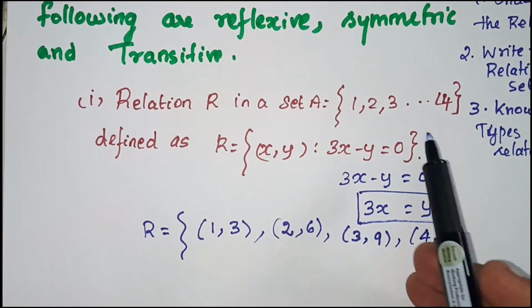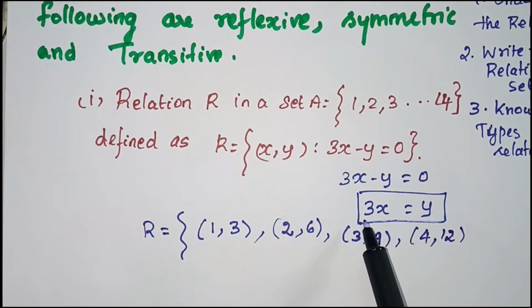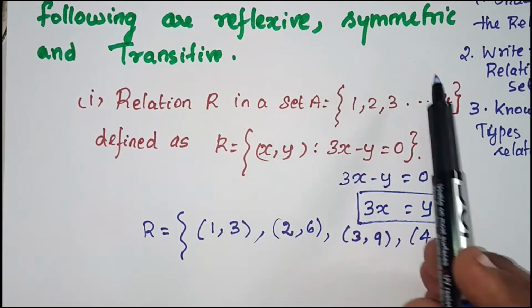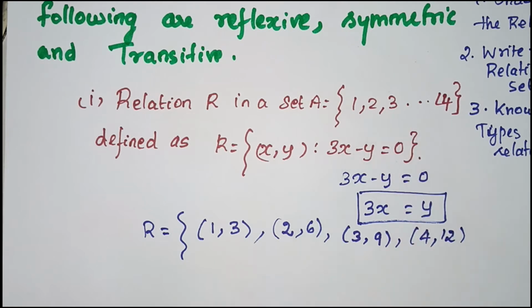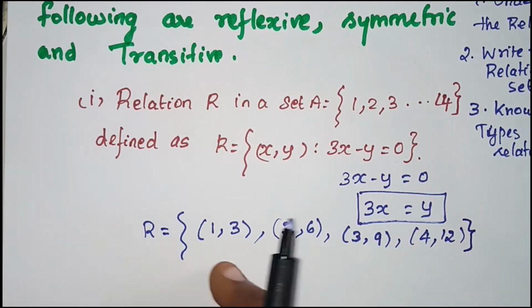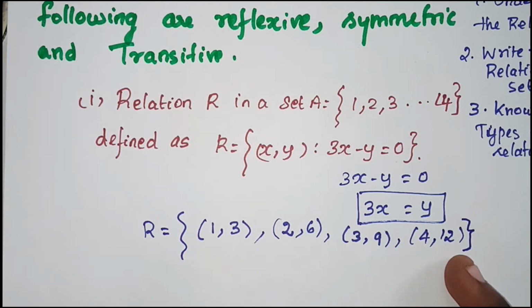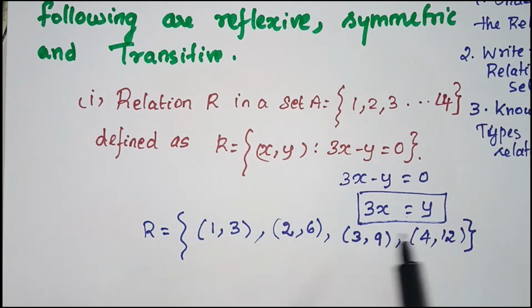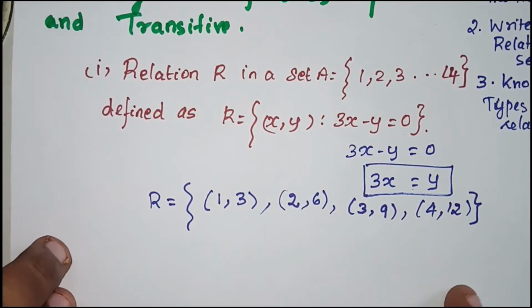Next, x is equal to 5, y is equal to 15, right? But 15 is not available in this set A. So we can't take that pair. So we can stop here, because the x and y should be available in the set A. So we wrote the relation set.